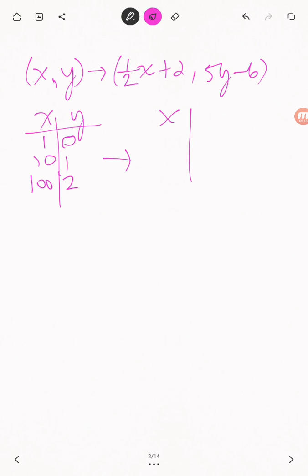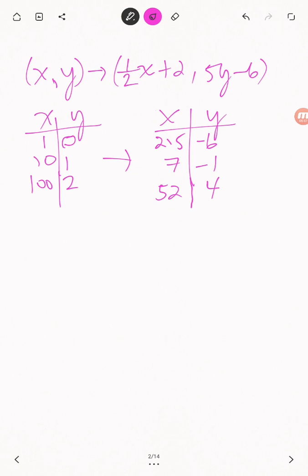And if we do that, then our table of values becomes 2.5, -6; 7, -1; and 52, 4. You might want to just find those points yourself just to make sure you don't have any trouble doing them.